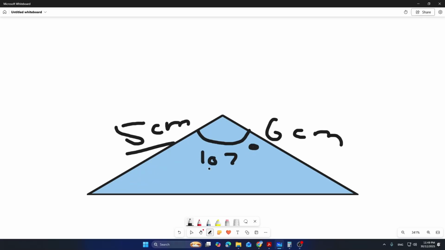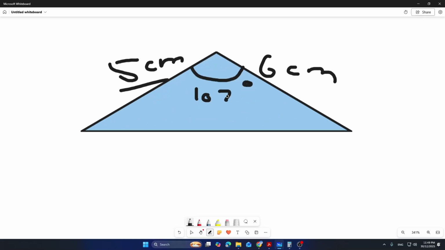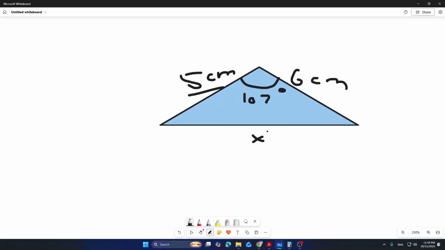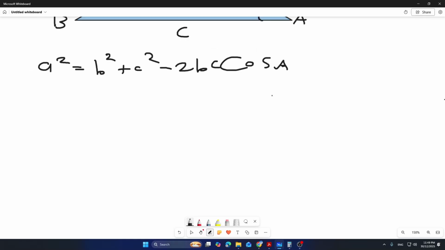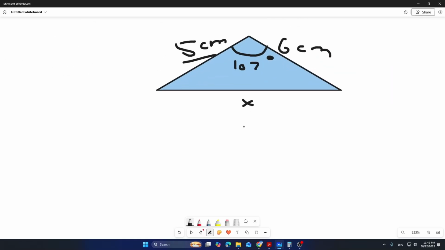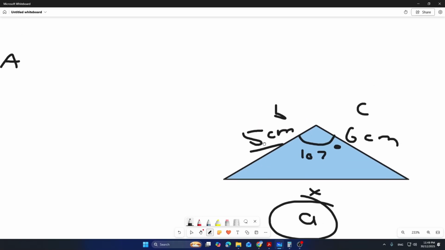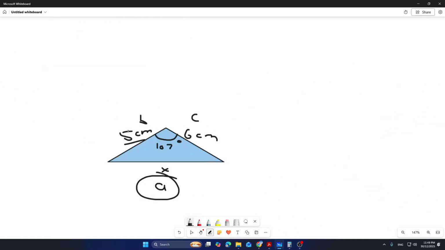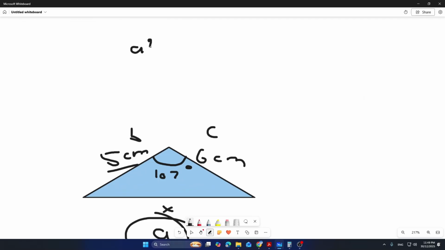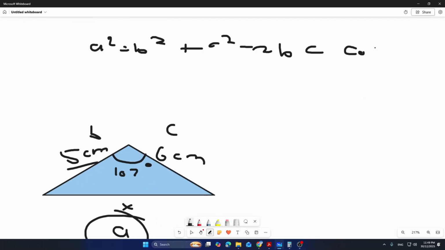If I have the two sides and the angle in between them, I can find this x using this formula, a squared equals b squared plus c squared, where this is going to be a, this is b and this is c. A is always the one we want to find in a non-right angle triangle. So to find it, I'll use this rule and just substitute. We know the rule is a squared equals b squared plus c squared minus 2bc cos A.